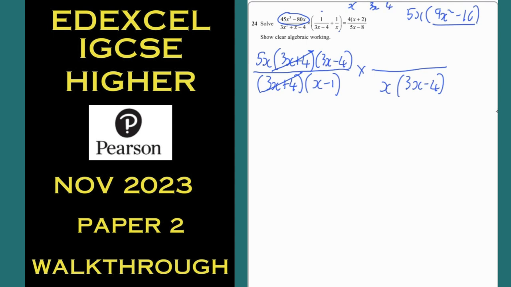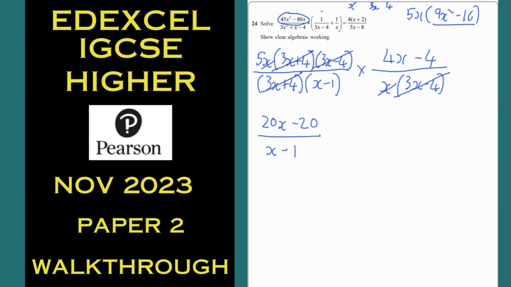So I get 4x minus 4. Another thing which cancels out, got a 3x minus 4 and a 3x minus 4 and an x and an x. So now let's times the tops and tidy it up. So we've got 5 times all this nonsense. So that's 20x minus 20 all over x minus 1.